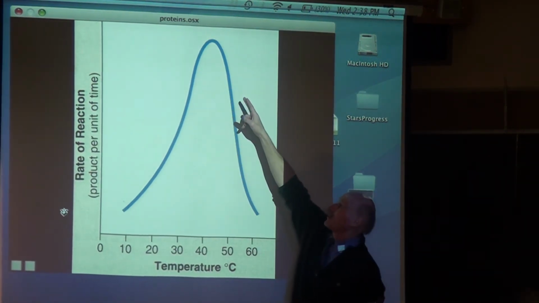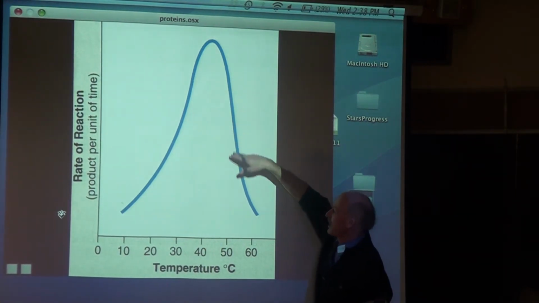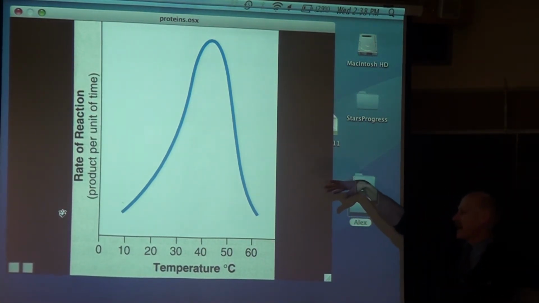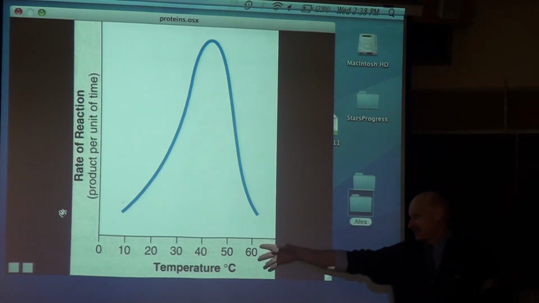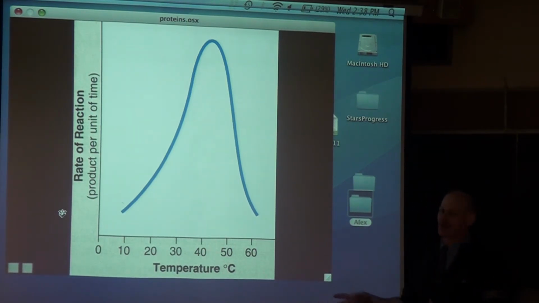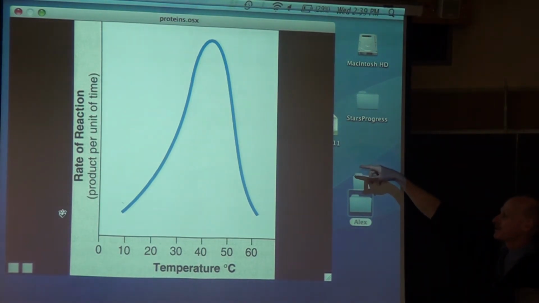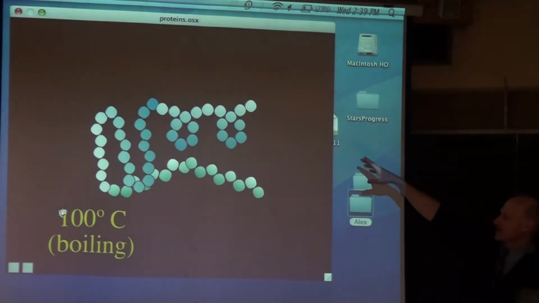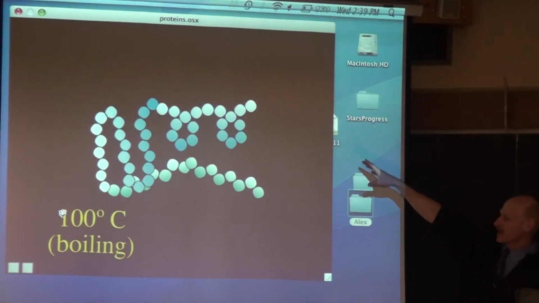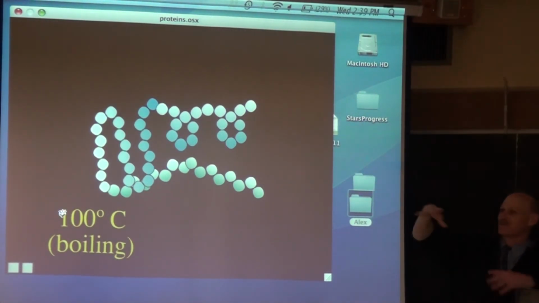But what seems a little bit weird at first is why suddenly does the rate drop off? You know, you'd expect from what I said earlier that the higher the temperature, the faster the molecules will go, so it should just keep getting faster and faster. Well, the drop off occurs at higher temperatures because of the enzyme unfolding. If you put this enzyme in boiling water, for example, there's so much kinetic energy.